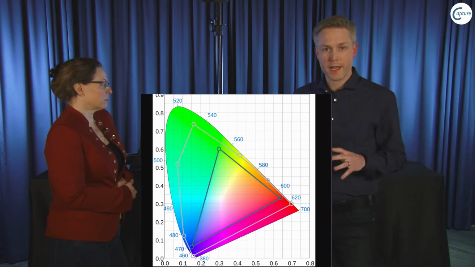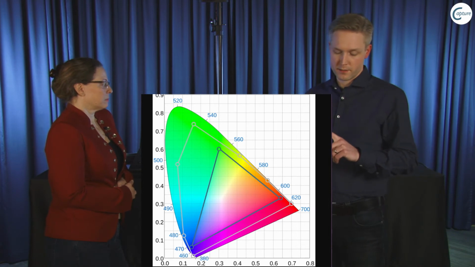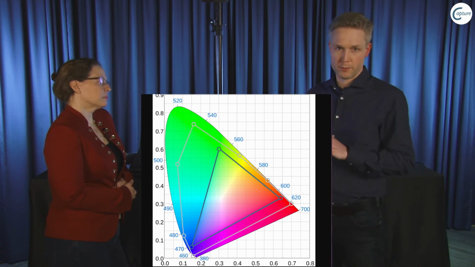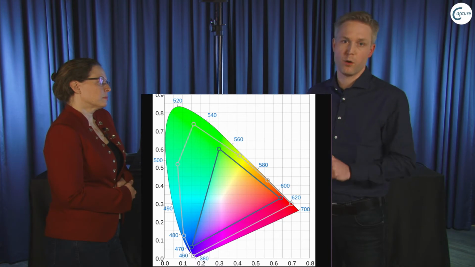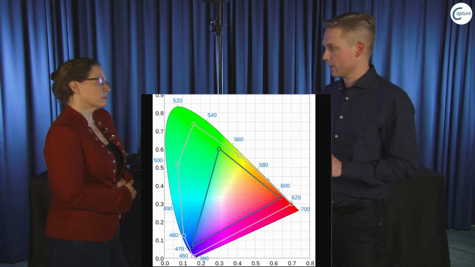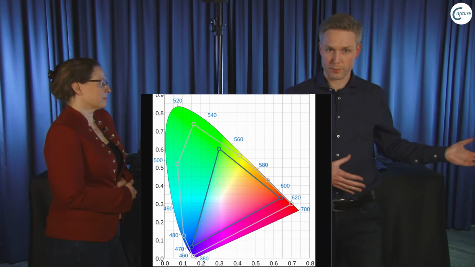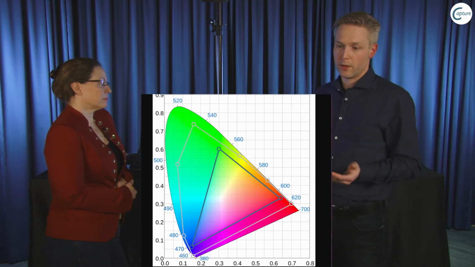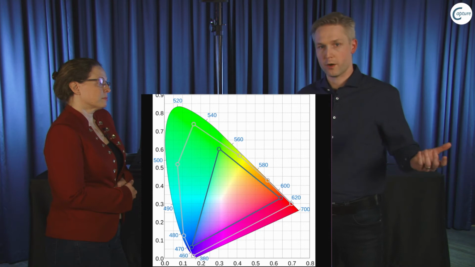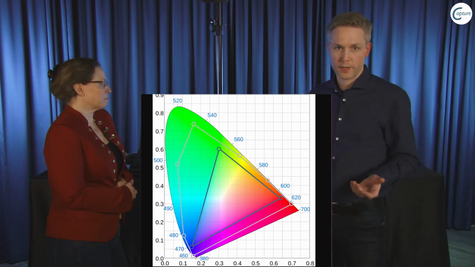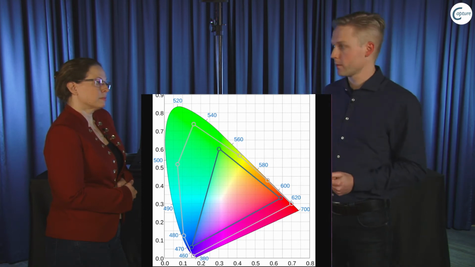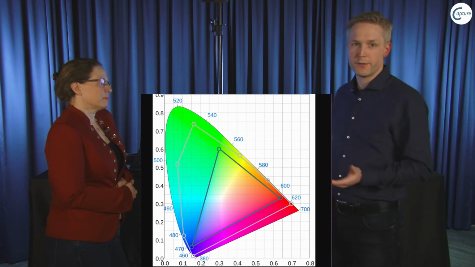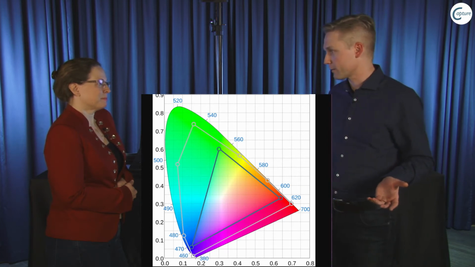That is that this triangle inside here, this is the traditional RGB of a computer, and it is much smaller than the area of the colors that the Source 4 can produce. And what that means is that a lot of the colors the Source 4 can do are more saturated than your computer screen could ever show. So it's almost 50% black and white in effect.